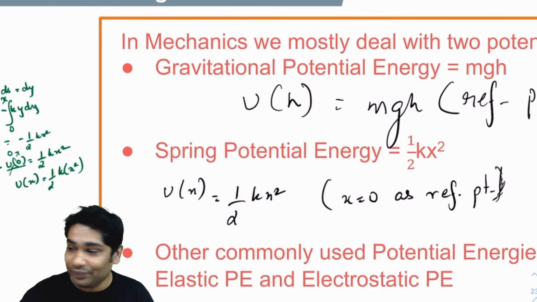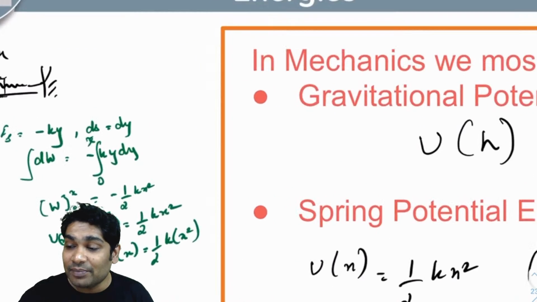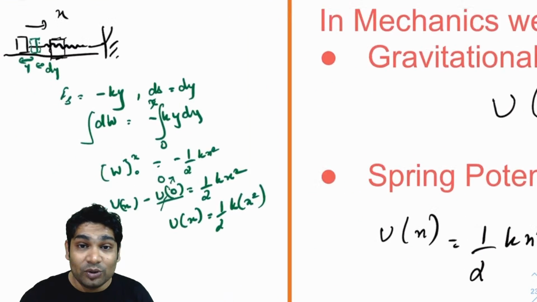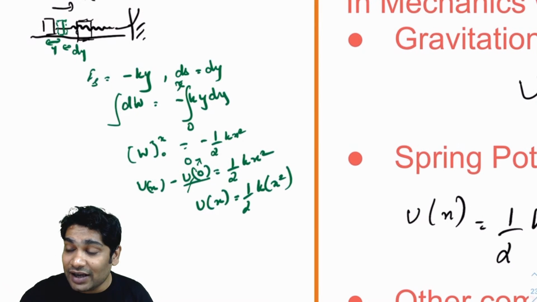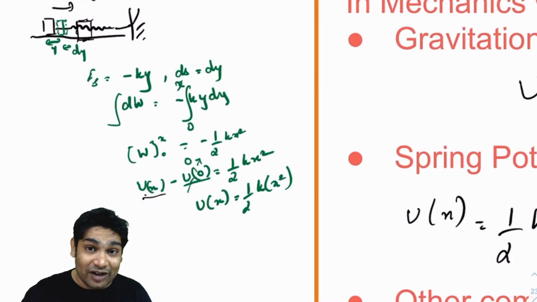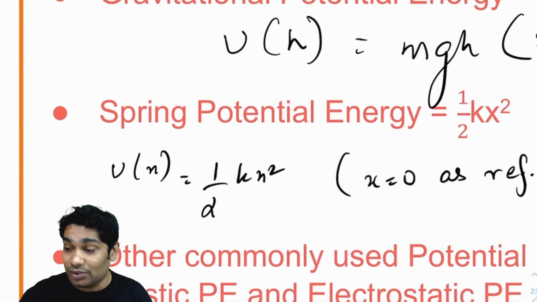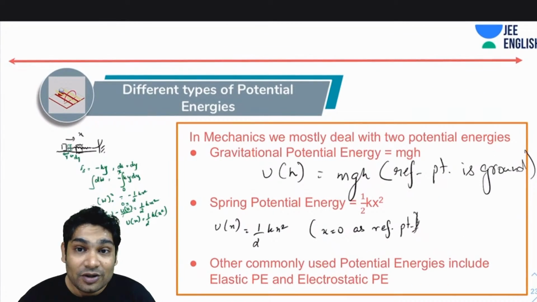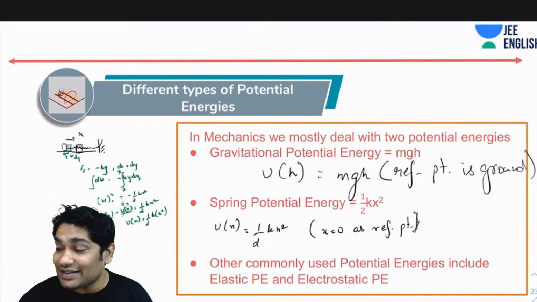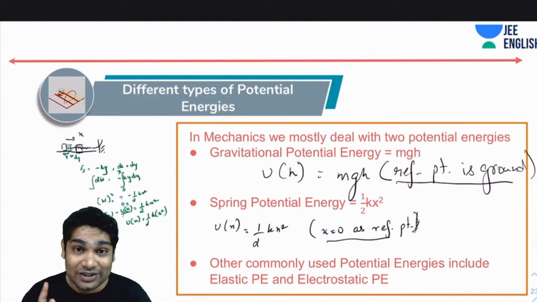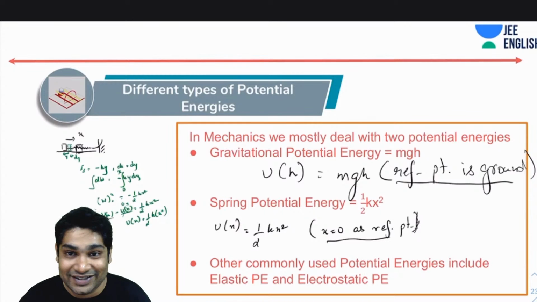So remember this, because this is the change in potential energy. So if U at 0 is defined as 2, then you will realize from here the 2 would have gone on that side and the potential energy at x would have become half kx square plus 2. So remember this always. So you're using only these functions under the assumptions that these are the reference points. If you change your reference points, then you cannot use these functions for your potential energies.